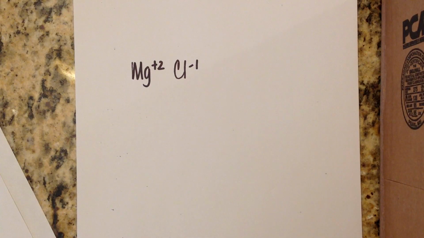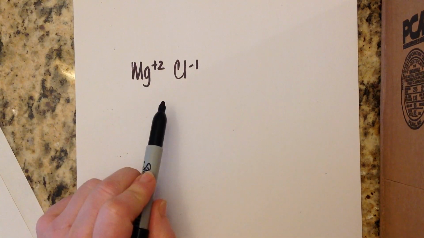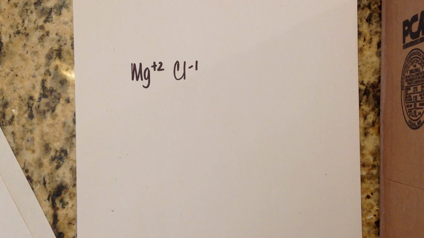Now, if you were Mother Nature, this would be what you would be thinking. You would say, okay, how can I combine these two atoms so that when they're combined, I have an electrically neutral molecule? What is the smallest whole number ratio I can put these things together in so that I have a net charge of 0?